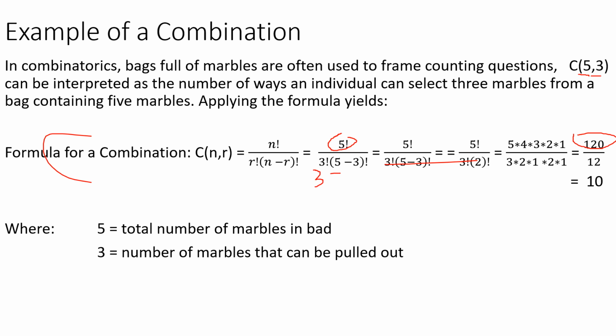So it's 3 factorial times 5 minus 3, which is 2 factorial. And that's 3 times 2 times 1, which is 6, and times 2 times 1, which is 2, and that's 12. 120 divided by 12 is 10. So there's 10 possible combinations of pulling 3 marbles out when there's 5 in the bag total.